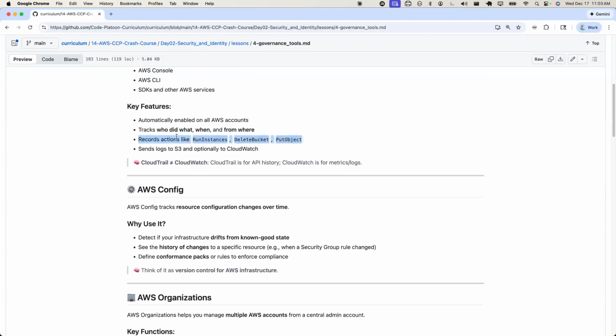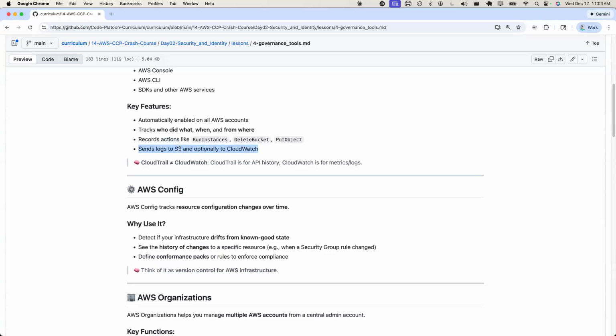So for instance, if I go and delete an S3 bucket, or if I delete someone's name that I don't like from a list of people on an S3 bucket, we'll have a record of it.